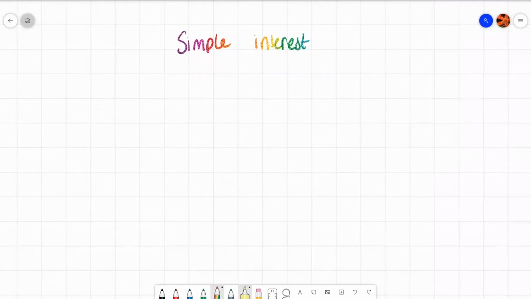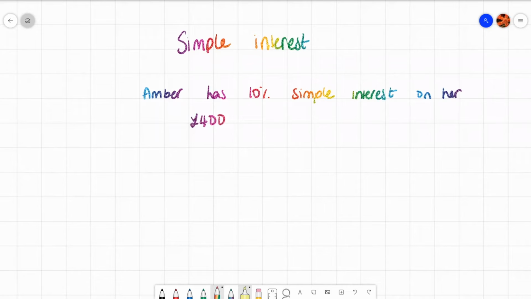So we say that Amber has 10% simple interest on her £400 in the bank each year.